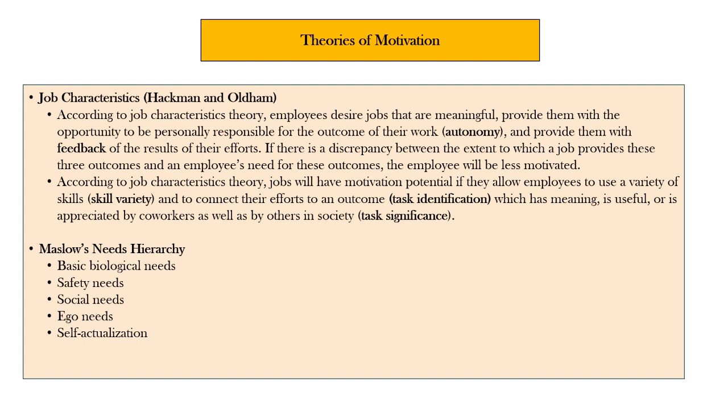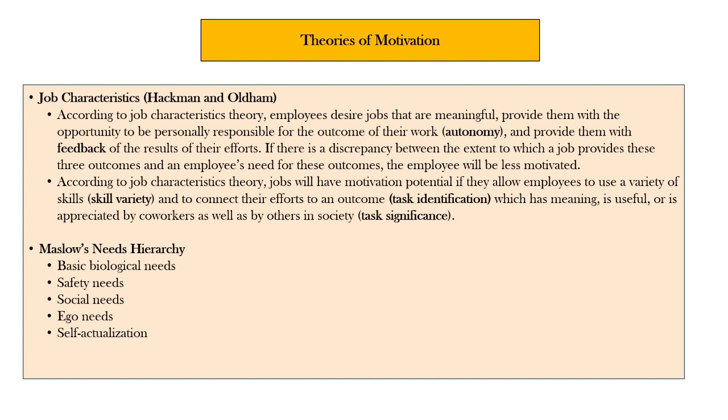Now, if there is a discrepancy between the extent to which a job provides these three outcomes and an employee's need for these outcomes, the employee will be less motivated. So, tatlo yon. We have autonomy, feedback.